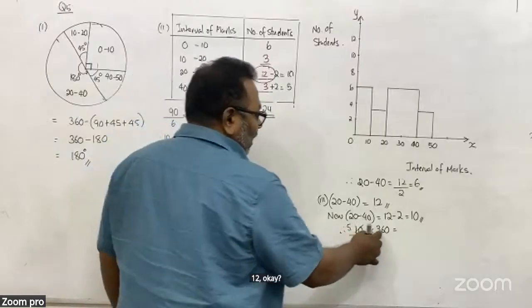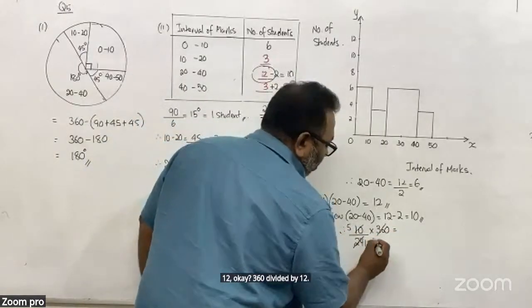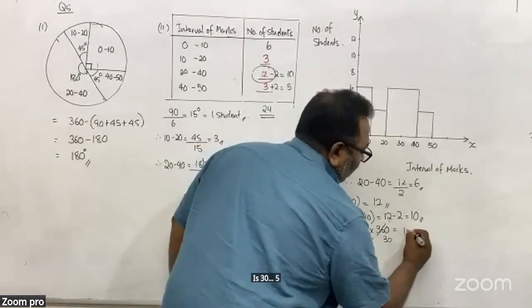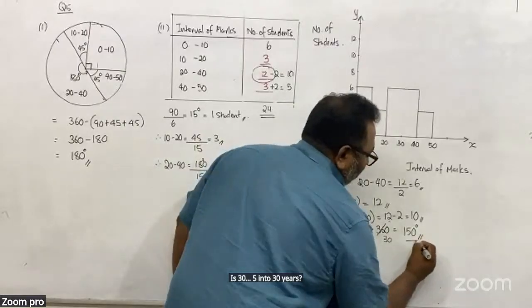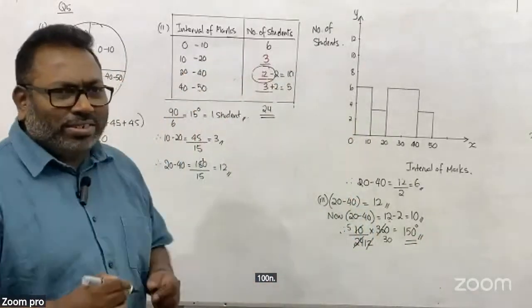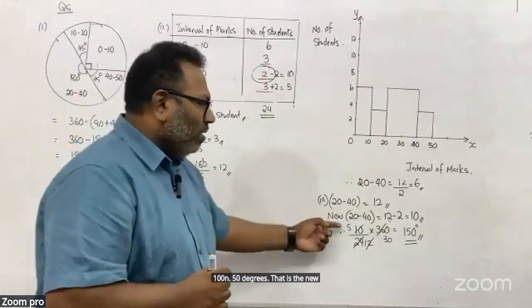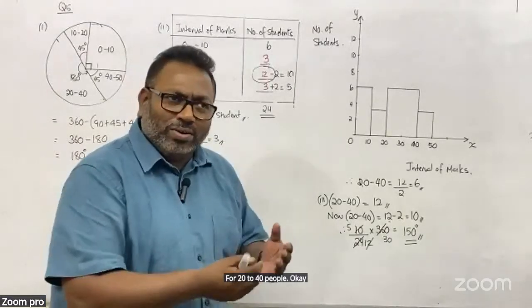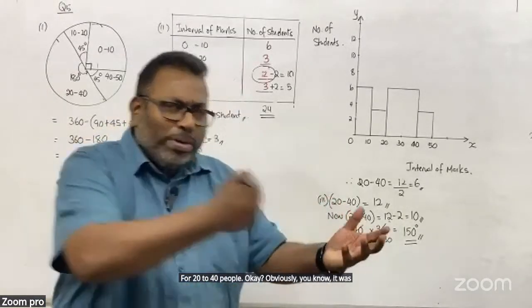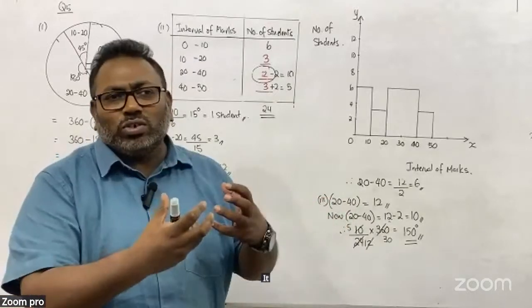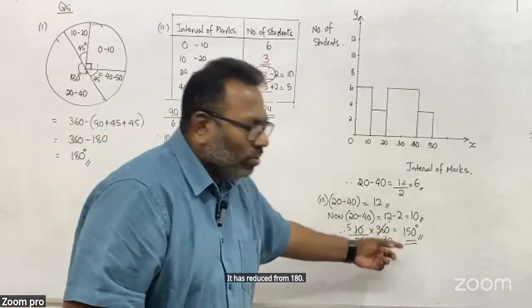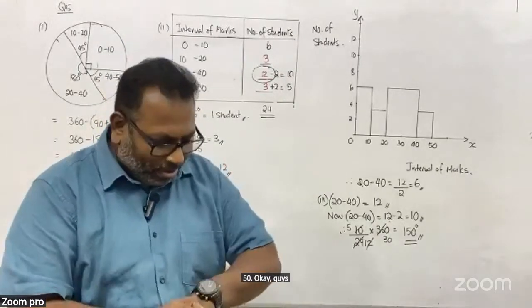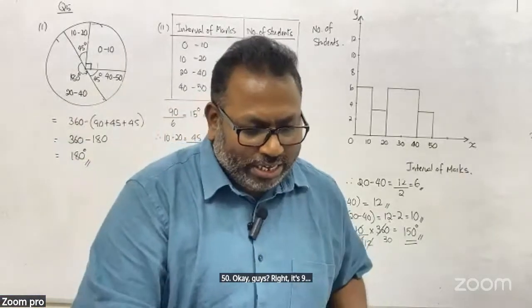Okay. 360 divided by 12 is 30. 5 into 30 is 150 degrees. That is the new central angle for 20 to 40 people. Okay. Obviously, it was 180. When 2 people went out, it has reduced from 180 to 150.